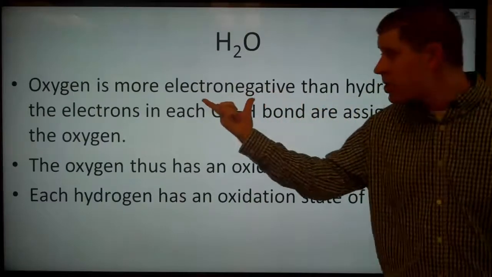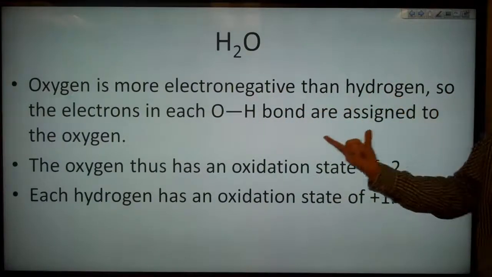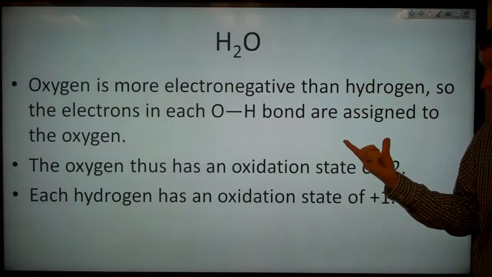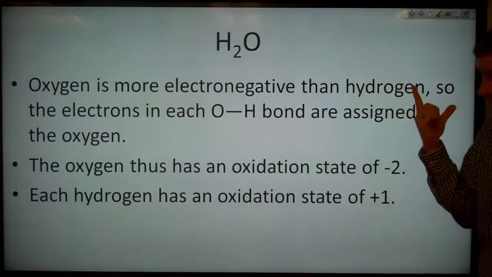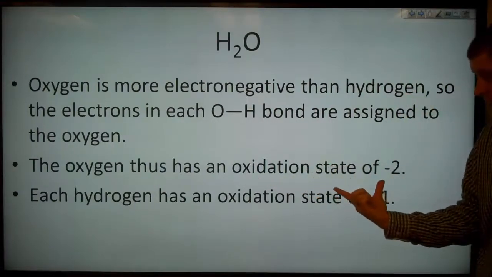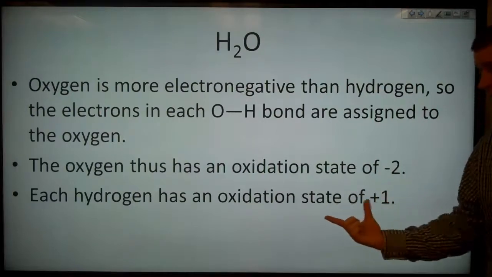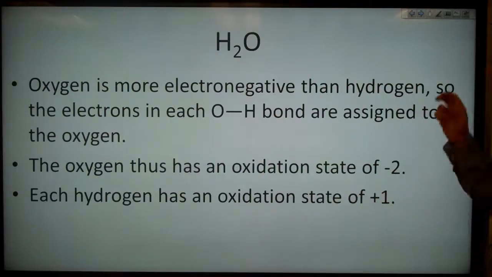So, oxygen is more electronegative than hydrogen, so the electrons in each oxygen-hydrogen bond are assigned to the oxygen, and this means that the oxygen has an oxidation state of -2, and each hydrogen has an oxidation state of +1.